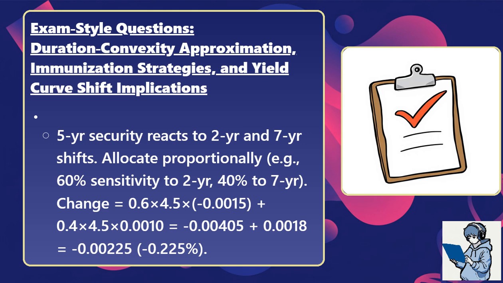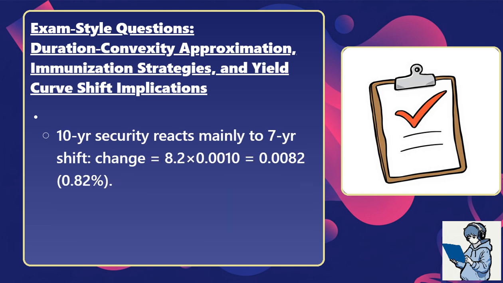Change equals 0.6 times 4.5 times negative 0.0015 plus 0.4 times 4.5 times 0.0010, which equals negative 0.00405 plus 0.0018, equals negative 0.00225, or negative 0.225%. The 10-year security reacts mainly to the 7-year shift: change equals 8.2 times 0.0010, equals 0.0082, or 0.82%.